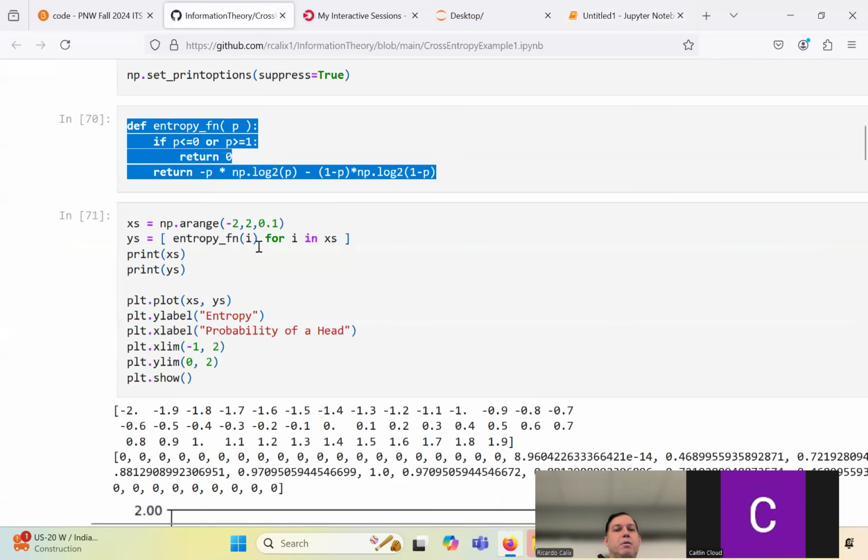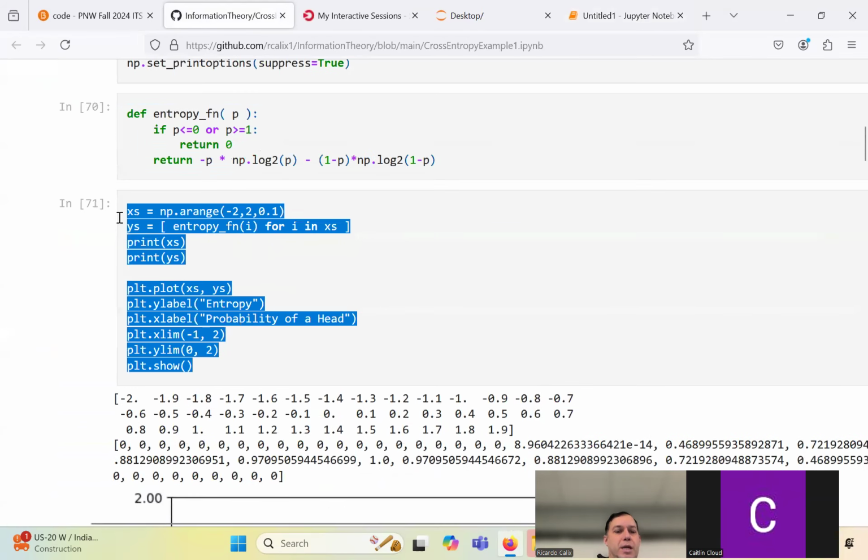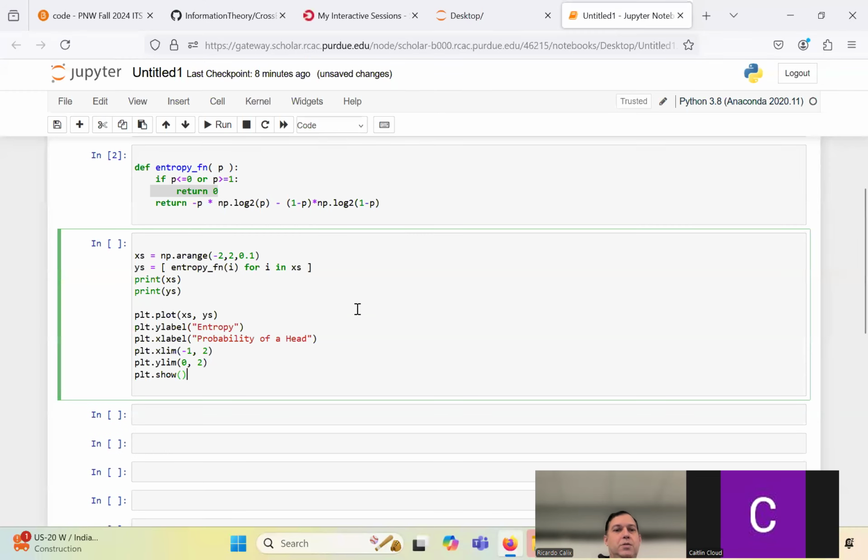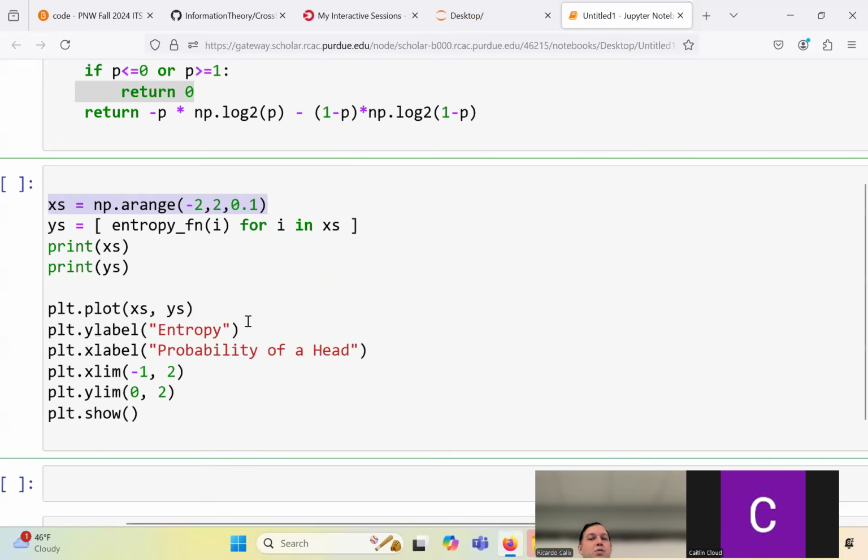Now I'm going to plot some data. On the y-axis, I'm going to have the entropy, and on the x-axis, the probability of a head, for instance. I'm going to print some limits. Notice that I generate some data in the range from -2 to 2, incrementing by 0.1.